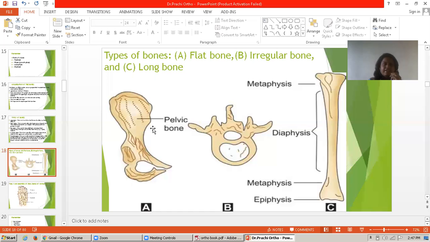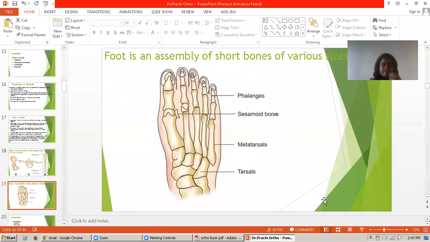So this is a diagram of the types of bone showing a flat bone, that is the pelvic bone, then vertebrae, which is an example of an irregular bone, and this one is a long bone that shows metaphysis, diaphysis, metaphysis and the epiphysis.